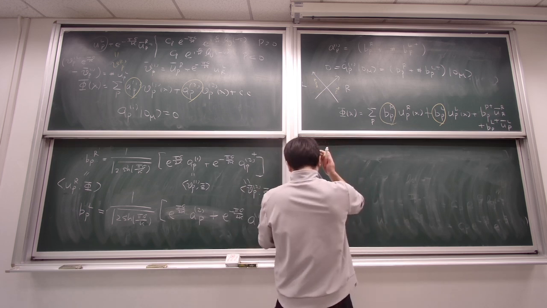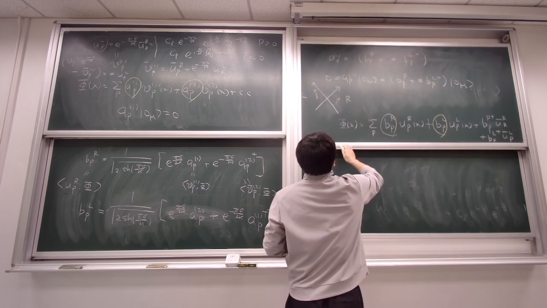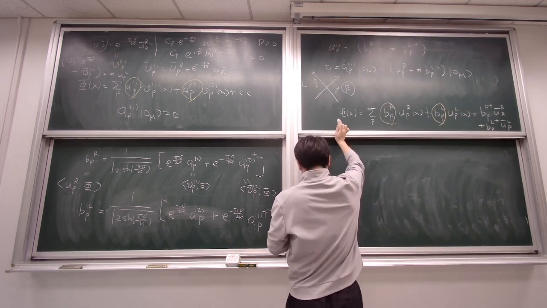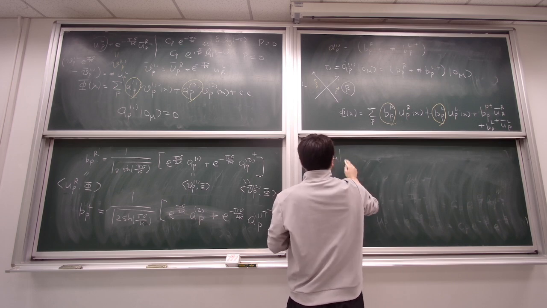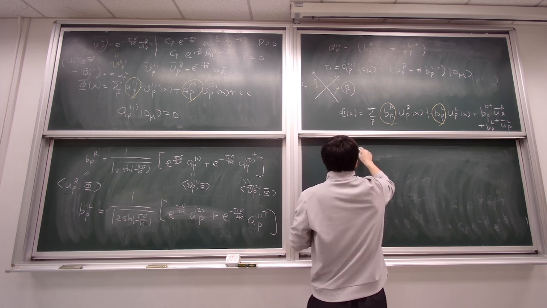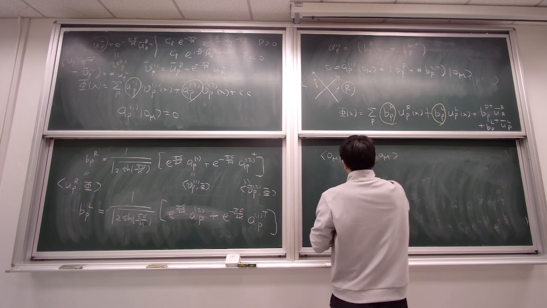So now we just focus on this right Rindler wedge to see what's happening in the Minkowski vacuum. To see that, we just look at the number operator like this.